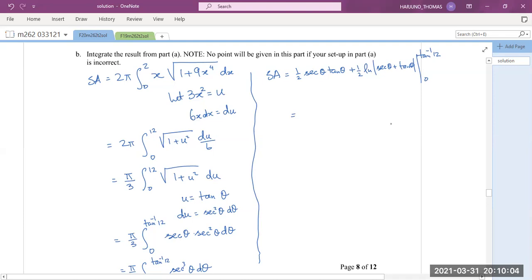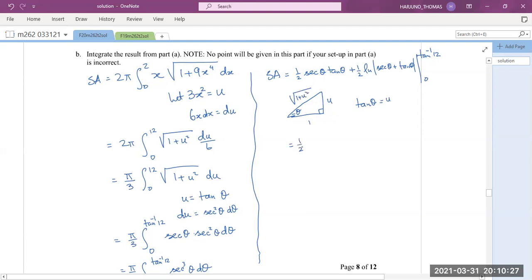Okay, but let's do the triangle first, and then it's easier for us to substitute. If this is theta, tangent theta equals u, right? So this is u and 1. This is the square root of 1 plus u squared.